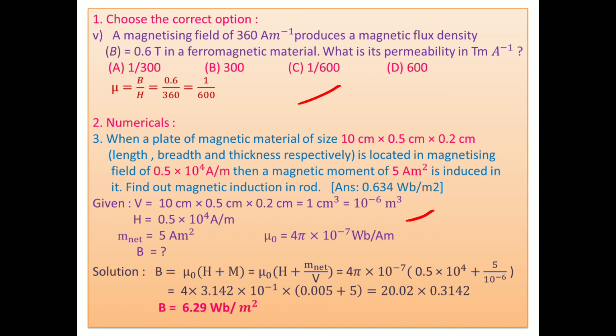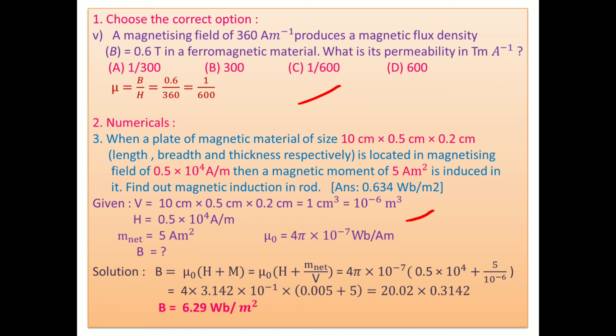Thereafter, after solving, it is 4 into 3.142. Look here, pi is always taken as 3.142, not 3.14. Remember it. Into 10 raised to, according to board rule, 10 raised to minus 1, into, how 10 raised to minus 1 is taken here, the 10 raised to 4 is taken common.